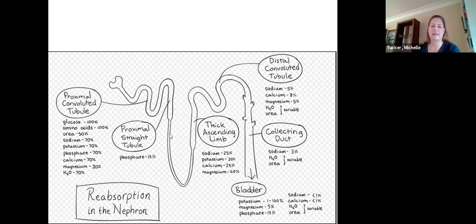Then I would also add like that water can leave the descending, sodium can leave the ascending, things like that. But with kidneys and nephrons, I find drawing is maybe therapeutic, but also very helpful as a study guide.